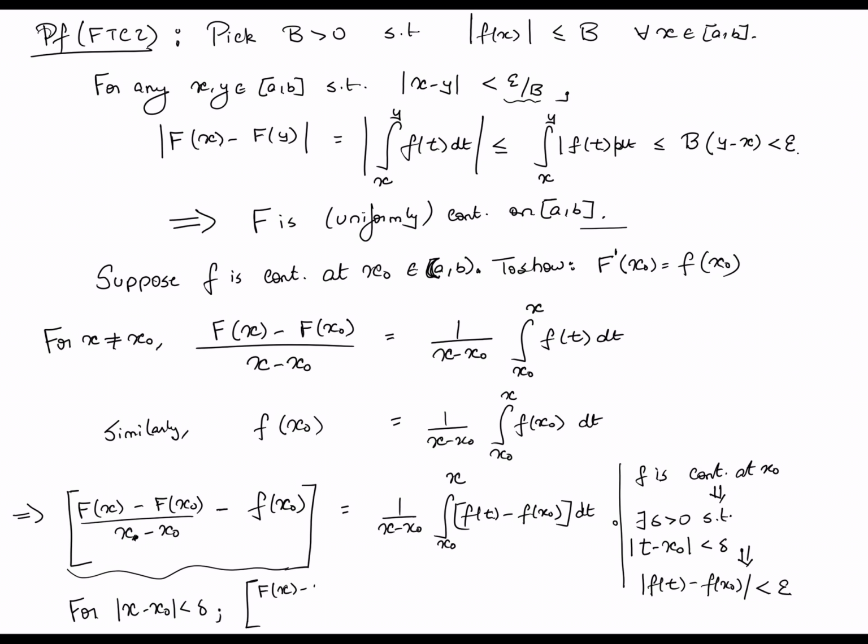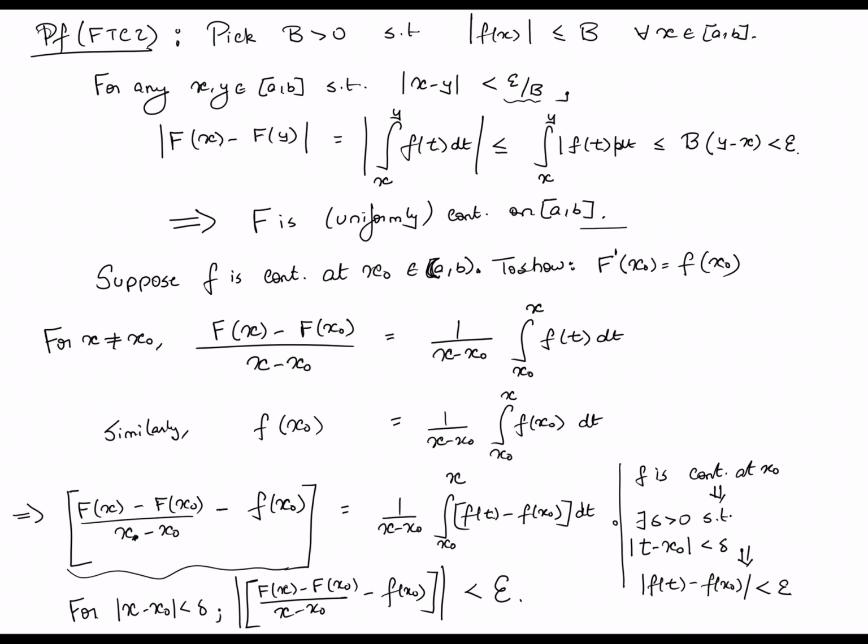capital F of x minus capital F of x naught upon x minus x naught minus f of x naught, this thing in absolute value is at most the integral of f of t minus f of x naught. But f of t minus f of x naught in absolute value is at most epsilon, right? So therefore that integral from x naught to x, divided again by x minus x naught, is at most epsilon.